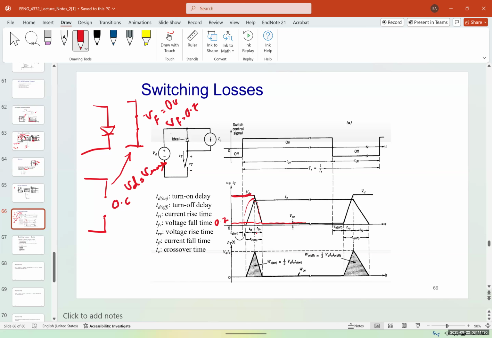What happens to the current when we go from on to off? So when we are turned on, the current, I'm going to call it I of F, is equal to 0? Or is it equal to the max? 0 or max.